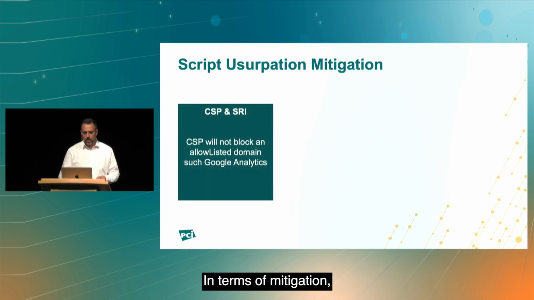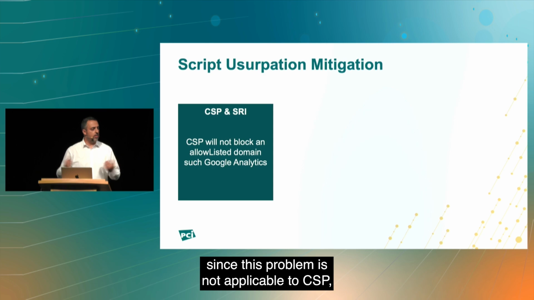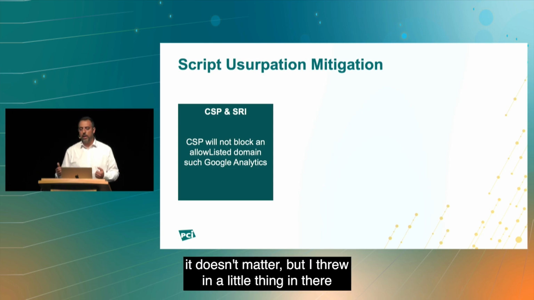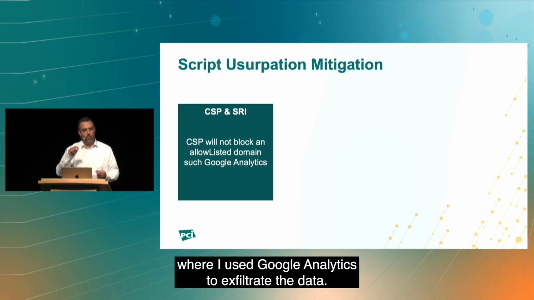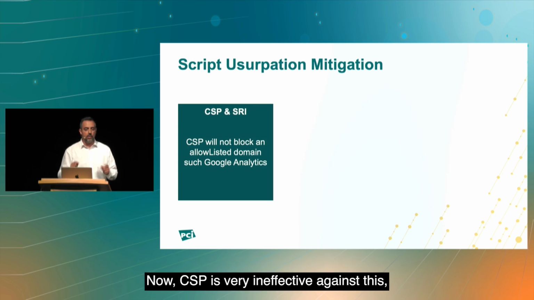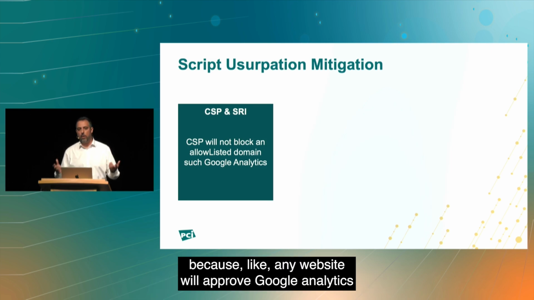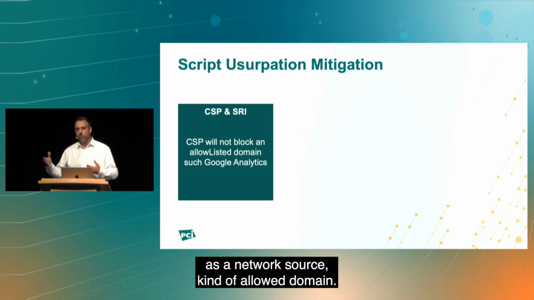In terms of mitigation, since this problem is not applicable to CSP, it doesn't matter, but I threw in a little thing in there where I used Google Analytics to exfiltrate the data. Now, CSP is very ineffective against this because any website will approve Google Analytics as a network source, kind of an allowed domain.